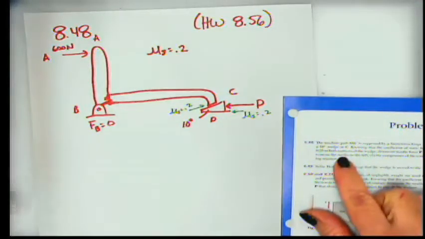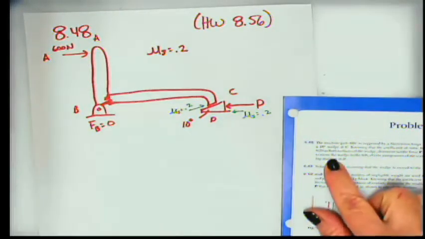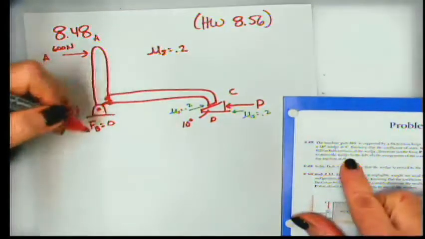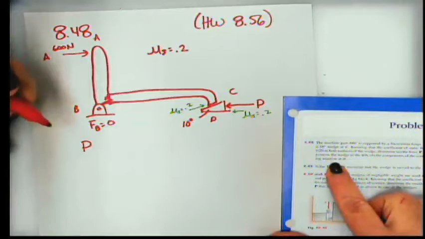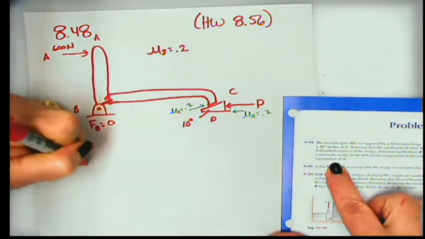It asks us to determine the force P required to move the wedge to the left and the components of the corresponding reaction at B.